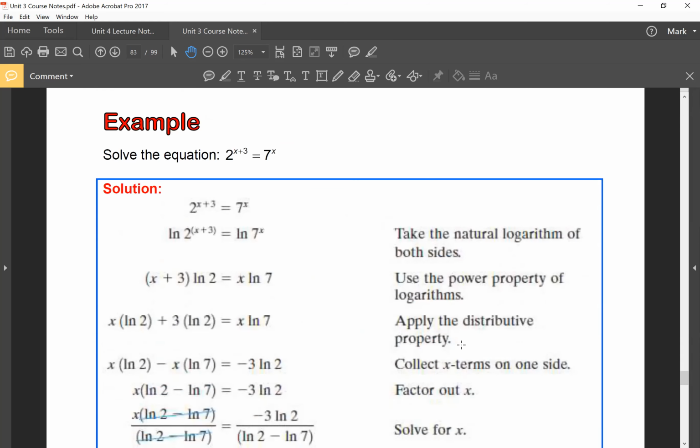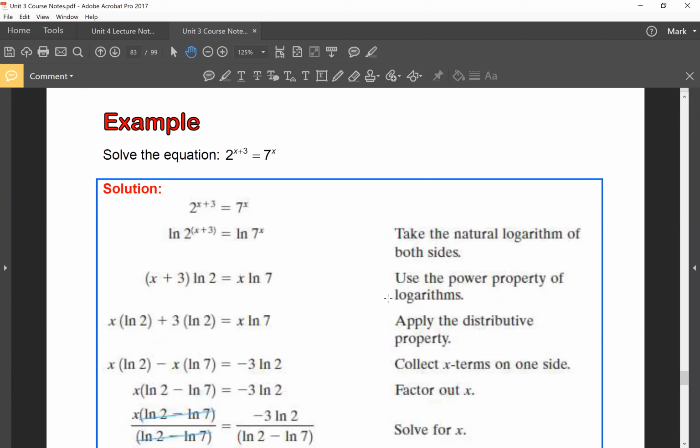So what about something like this? Earlier, when I put log and when I put ln, it actually does not matter. You can use any one you want.